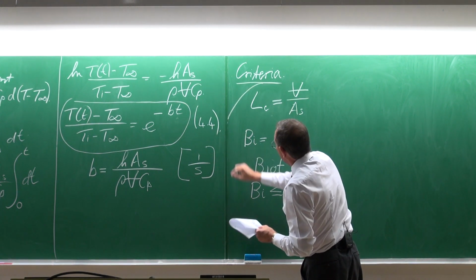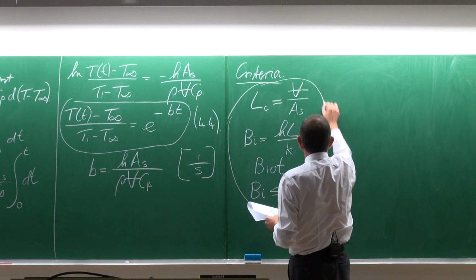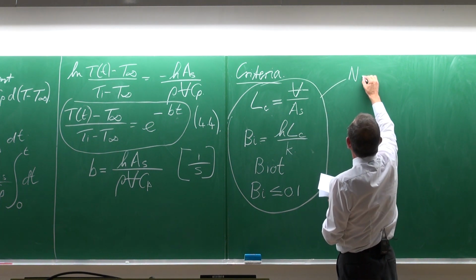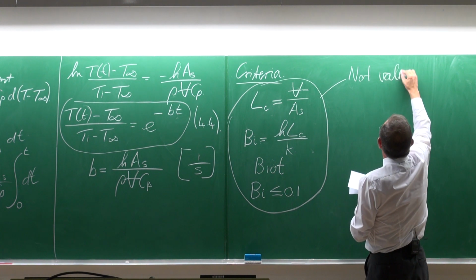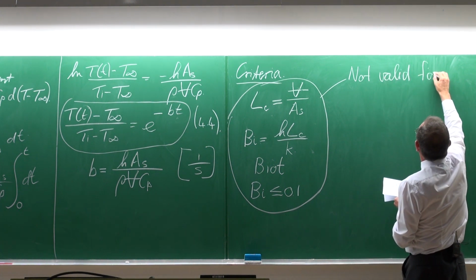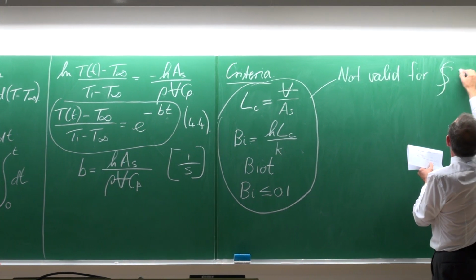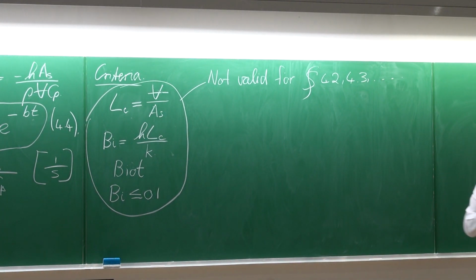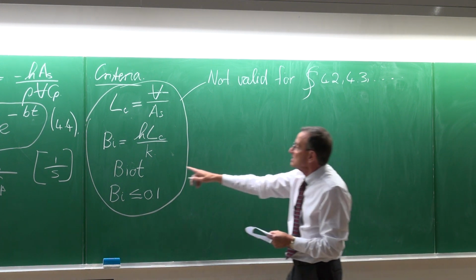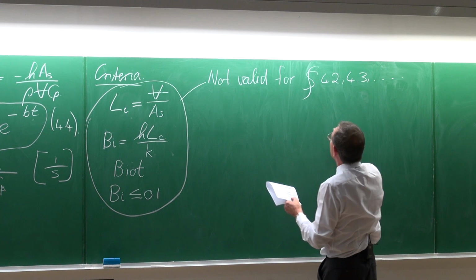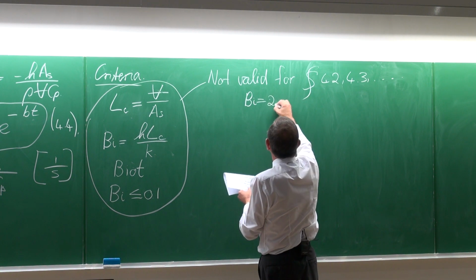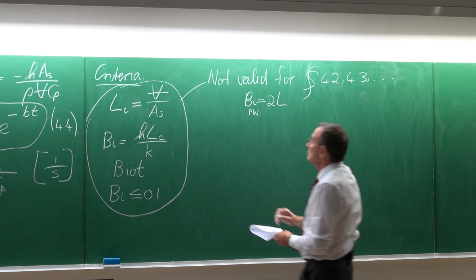Now at this stage, I already want to point out that this approach is not valid for paragraphs 4.2, 4.3, and the rest of the textbook. In the rest of the textbook, the Biot number is not going to be defined like this. For example, the Biot number for a plane wall is going to be based on 2L, for a plane wall.